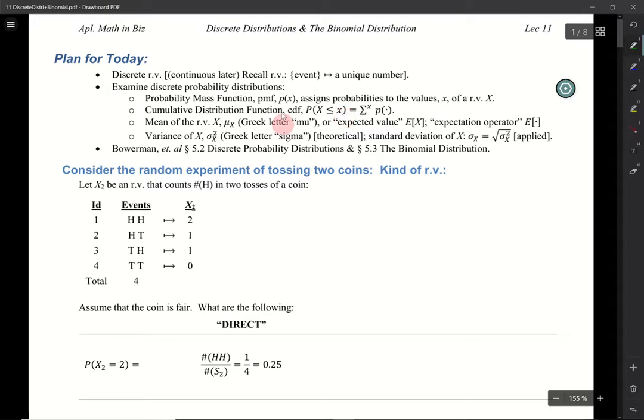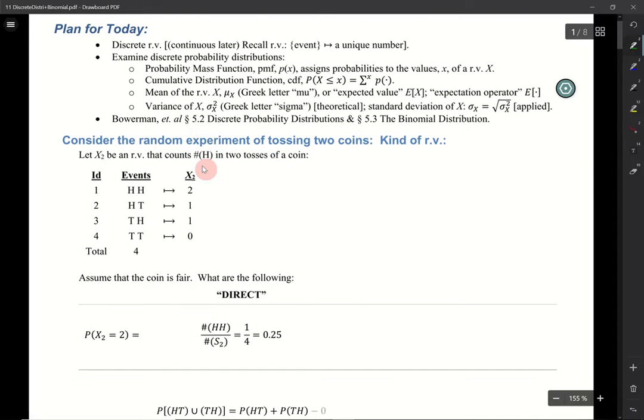Okay, so those are the two main views of discrete probability distributions. We'll talk about, we just talked about, results, right? So what's the mean of a random variable? What's the variance of a random variable? And the variance is related to the standard deviation, right? You take the square root of the variance and you get the standard deviation.